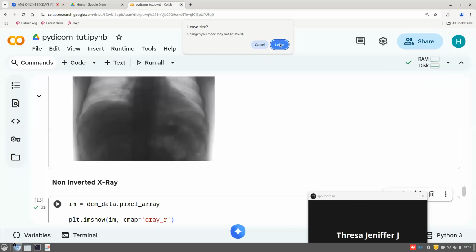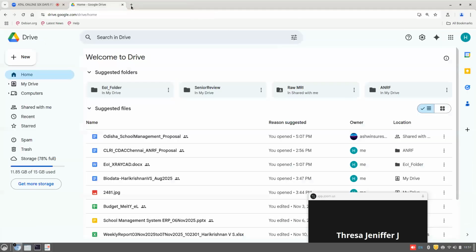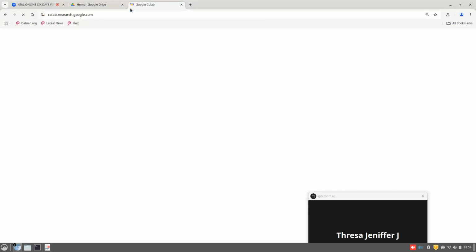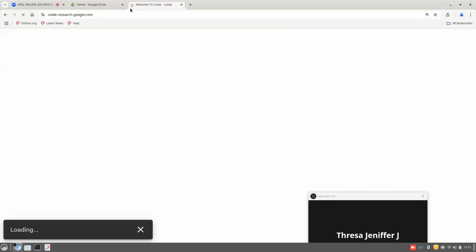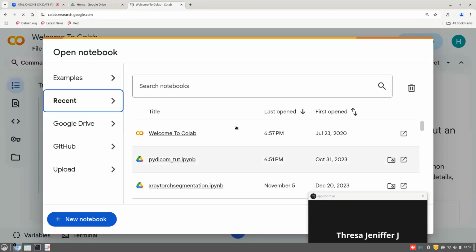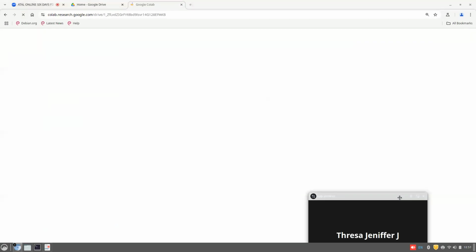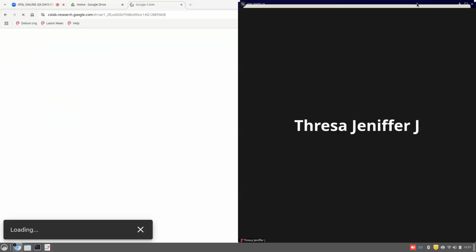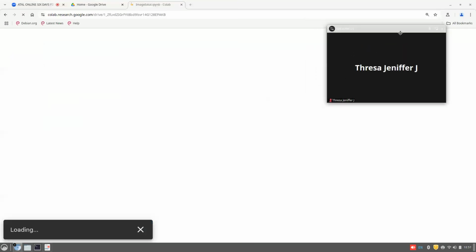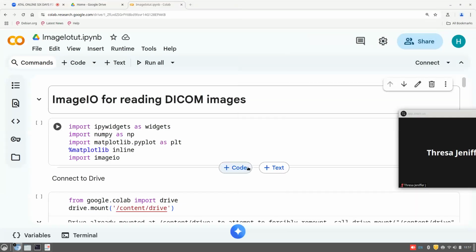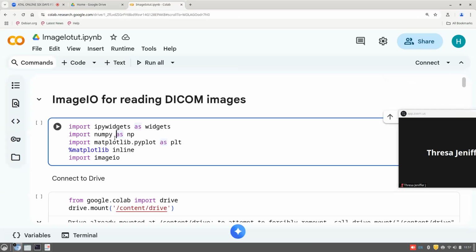There is another library called ImageIO, also available in Colab Python, which you can use for working on 3D CT scan images. Let's see how it is different from the PyDICOM library.